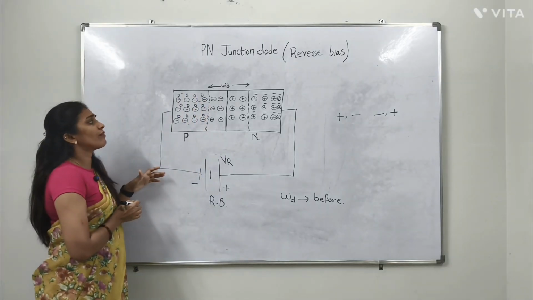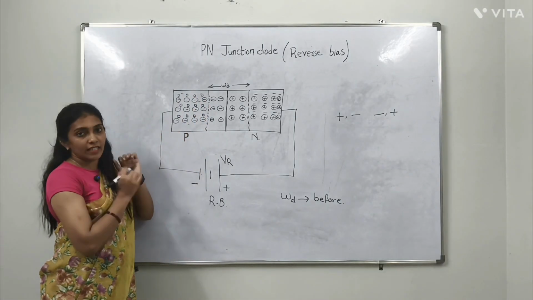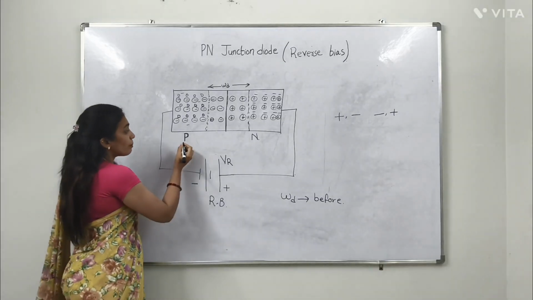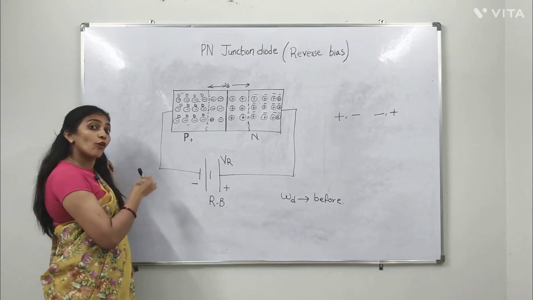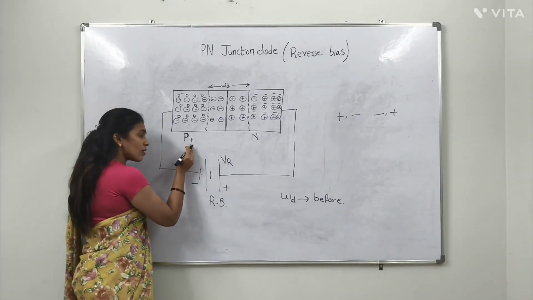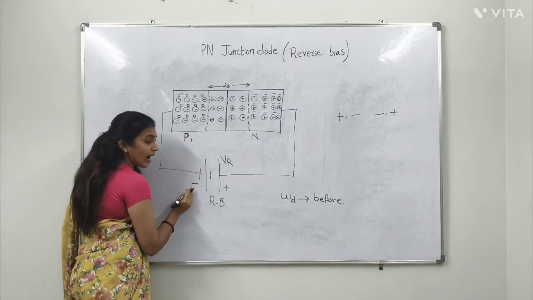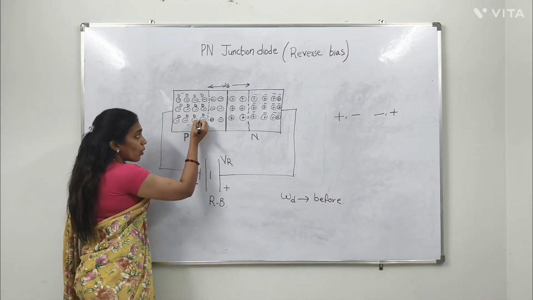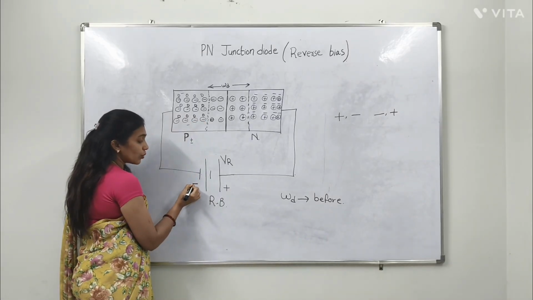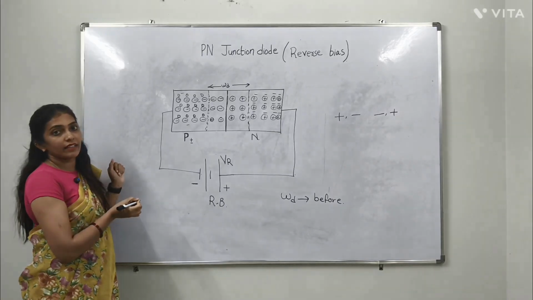So more number of holes are having positive charge. So the P region is having the positive charge of holes, and for these holes we are giving negative charge. The positive charge of holes is now connected to the negative charge of the battery.